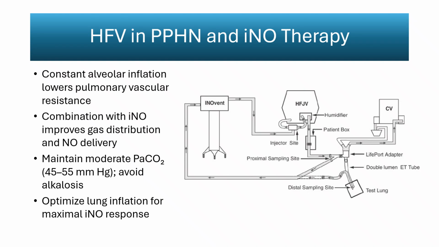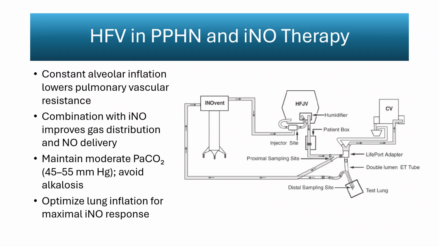HFV maintains uniform alveolar expansion and prevents the pressure and oxygen swings that aggravate pulmonary vasoconstriction.